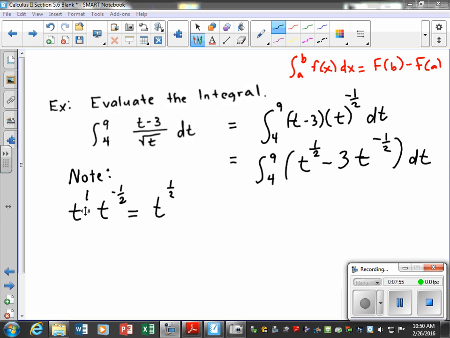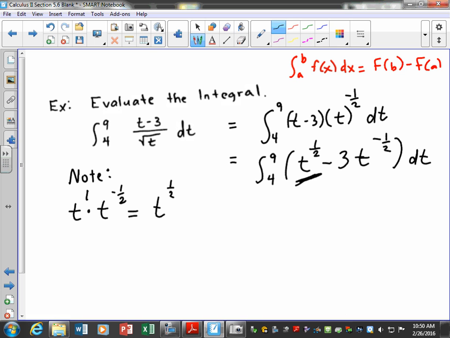The note on the side is t to the first power times t to the negative 1/2. Remember, when you multiply like bases, you add the exponents. So that's where this t to the 1/2 comes from. And then negative 3 times t to the negative 1/2 is just this term.